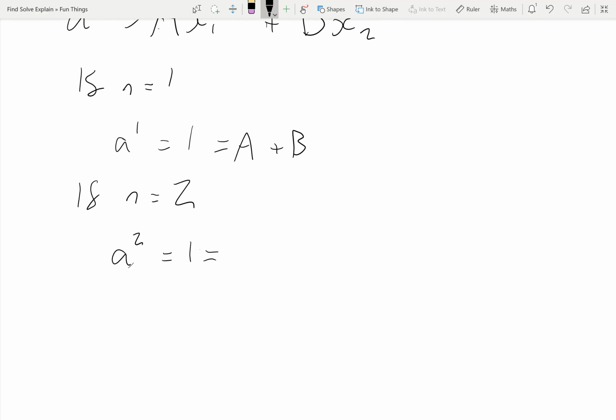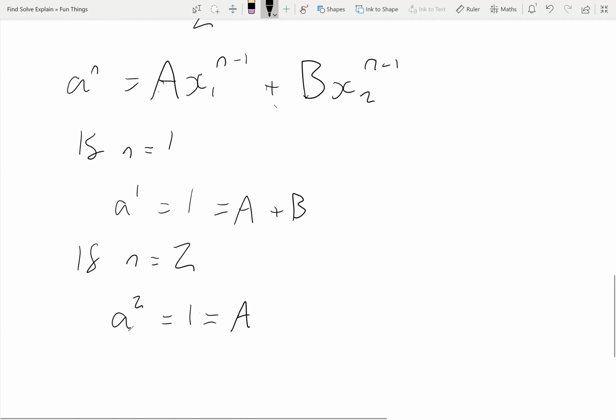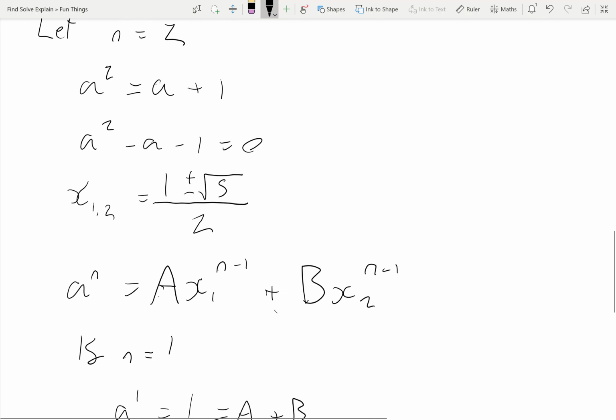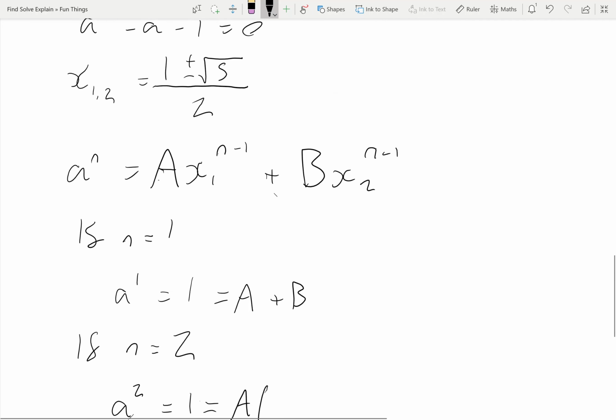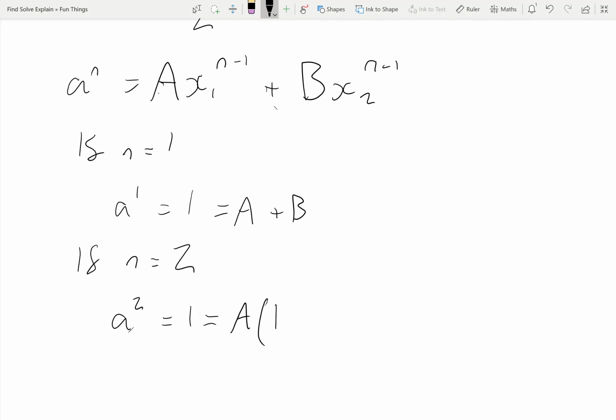And this is equal to something not quite so nice. Obviously it doesn't matter which one of these x1 or x2 is, so let's just say x1 is equal to the plus root 5, x2 is equal to the minus root 5.